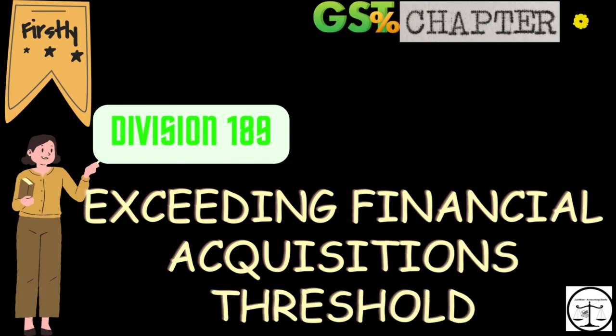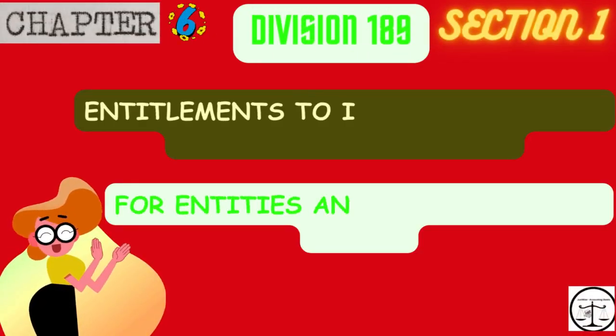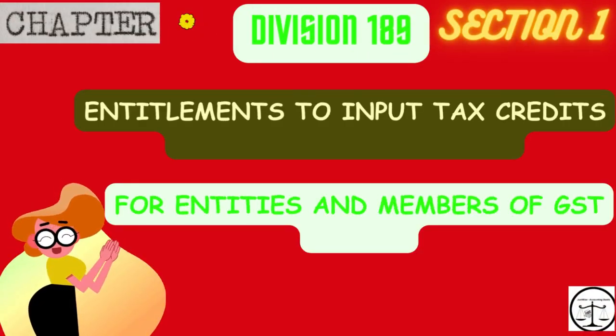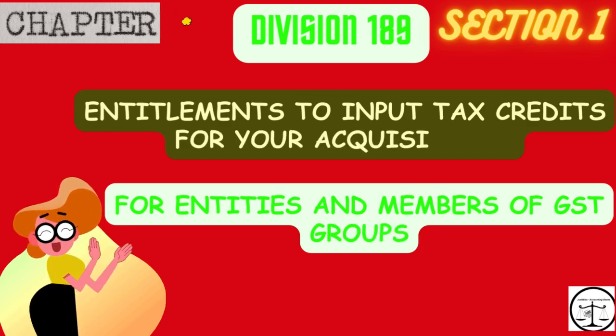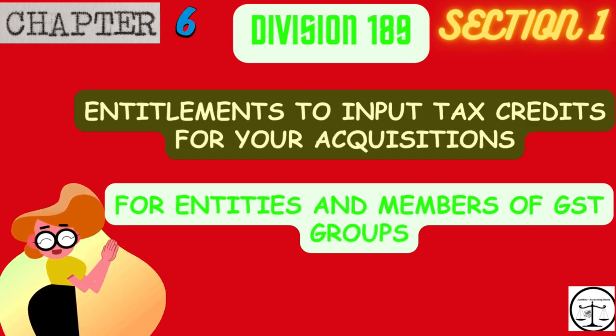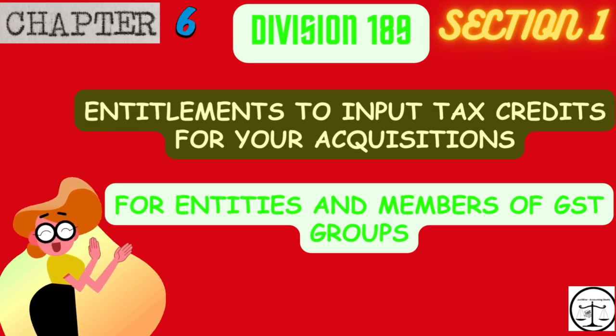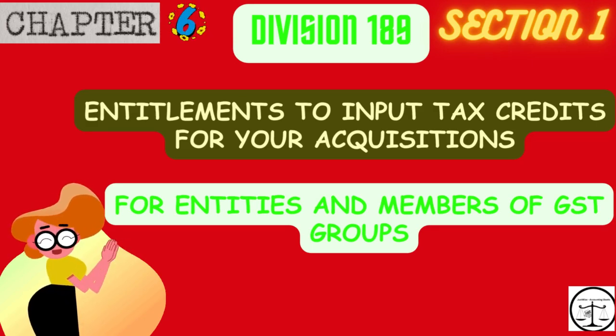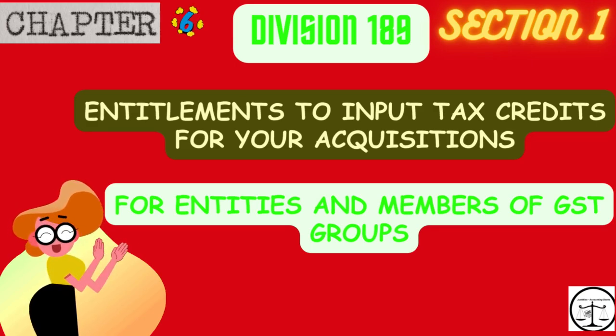This division forms part of Chapter 6, interpreting this Act, from GST Act 1999 of Volume 2. In this division, entitlements to input tax credits for your acquisitions relating to financial supplies, if you don't exceed the financial acquisition threshold, are explained for entities and members of GST groups.